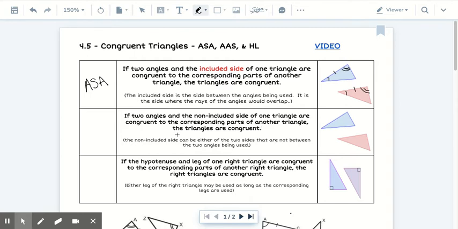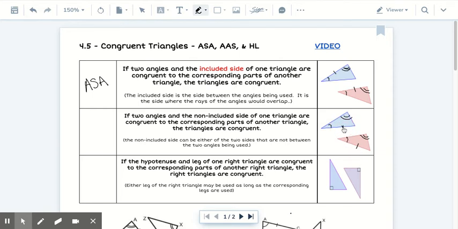If two angles and the non-included side of one triangle are congruent to the corresponding parts of another triangle, then the triangles are also congruent. So for example, once again, if I said this angle and this angle are congruent, and this angle and this angle are congruent, and then we said a side that is not the included side, so this one to that one.